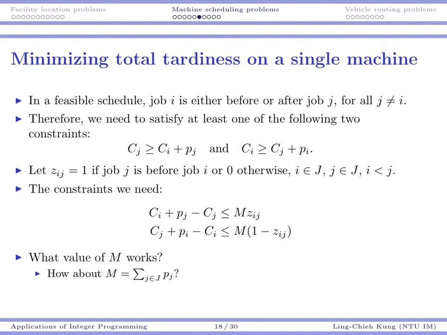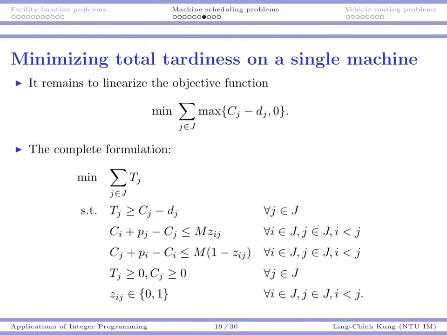If you think about the largest possible difference between completion times, it seems to have some relationship with the total processing times. So ask yourself whether the total processing time is an okay value for M. If not, then try to modify it a little bit.